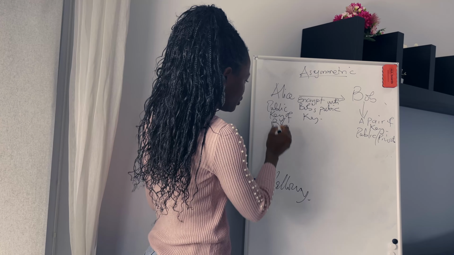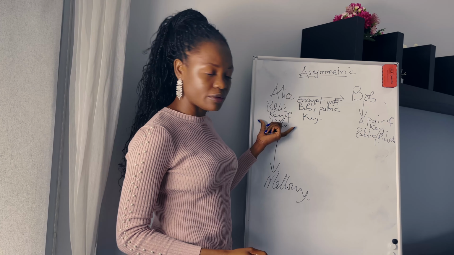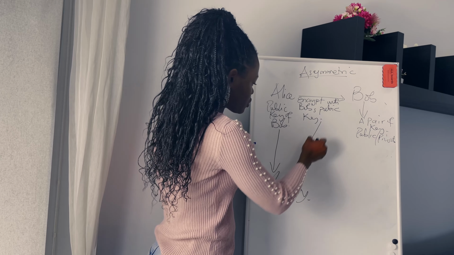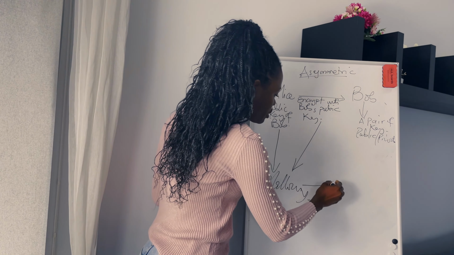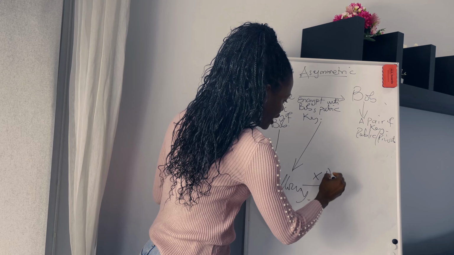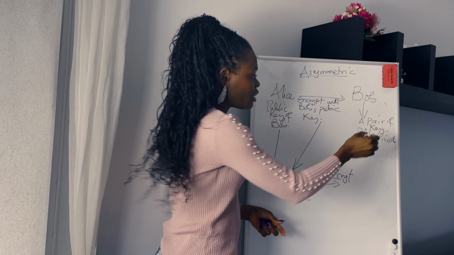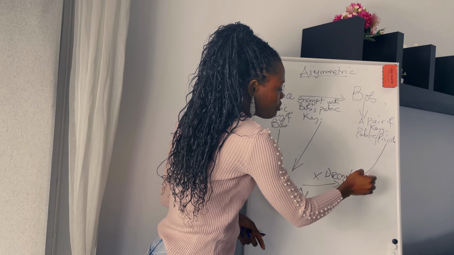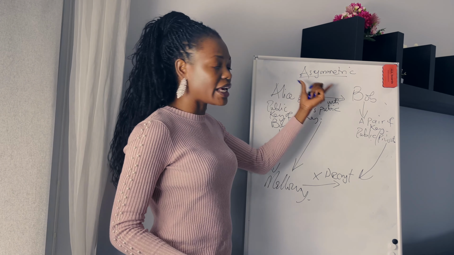Now, let's say Mallory also has Bob's public key. Mallory can also see this message that Alice is sending. Mallory will not be able to decrypt it because Mallory does not have Bob's private key. You understand it? So this is how asymmetric works.